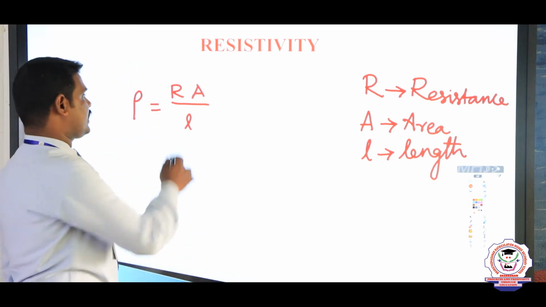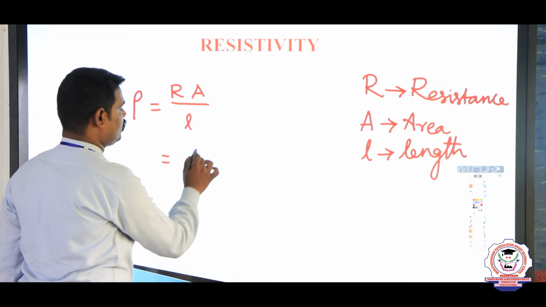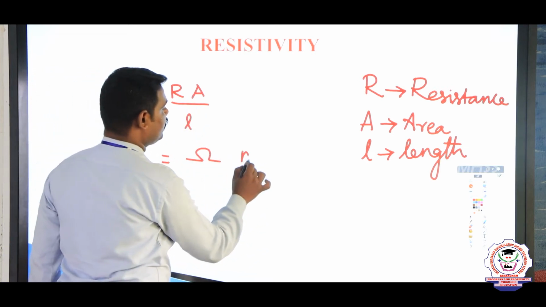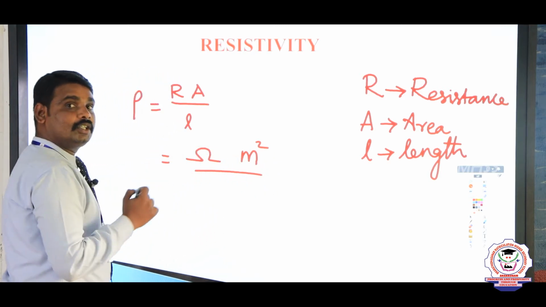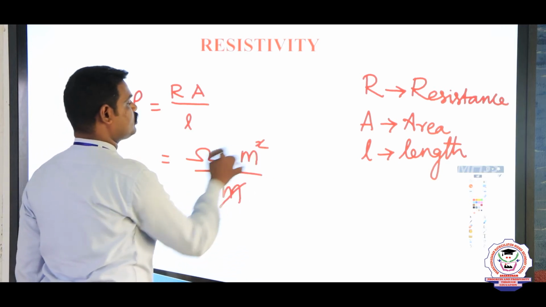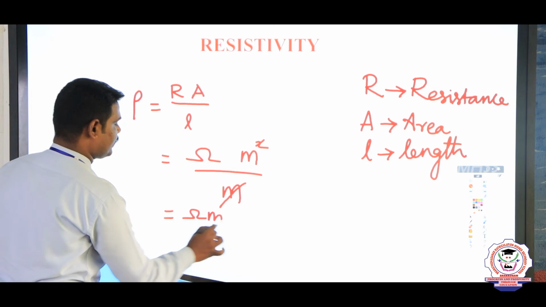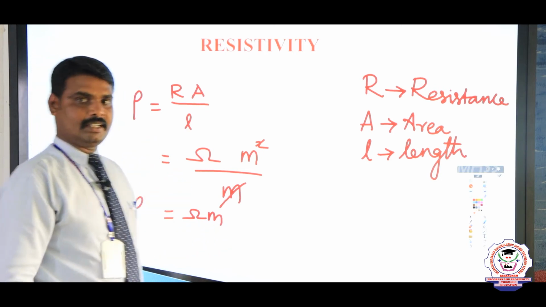The unit of resistance we know well: ohm. The unit of area is meter square and the unit of length is meter. Here meter and meter square cancel, remaining ohm meter. So, this is the SI unit for the resistivity, right?